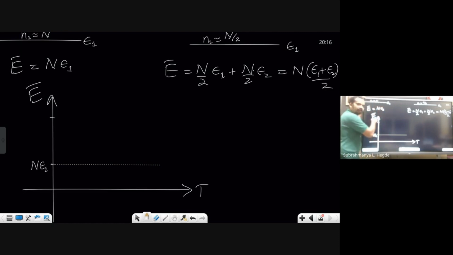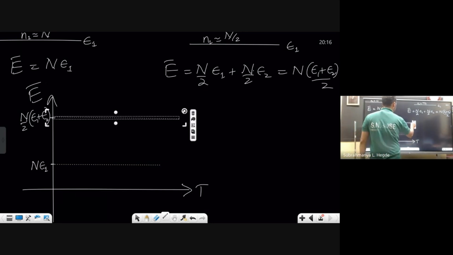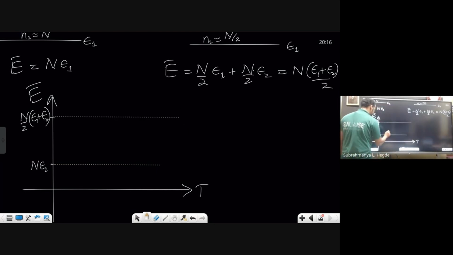I'll just mark them, then I will draw roughly. That means at low temperature, the energy will tend to this value. At high temperature, energy will tend to this value. Draw a qualitative plot.